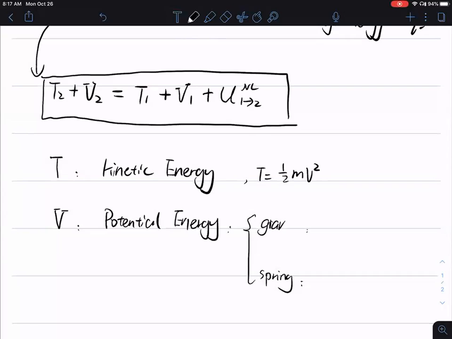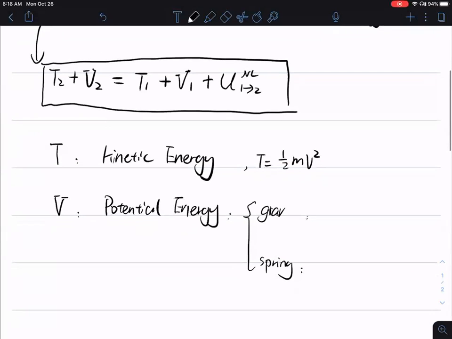If the person on the rooftop thinks the roof is the reference point, then this remote control has negative potential energy, and you have to use the height from this point all the way to the rooftop. Then the potential energy is going to be negative mgh, right? So the potential energy really depends on where you choose the reference point. So that's for the gravitational potential energy.